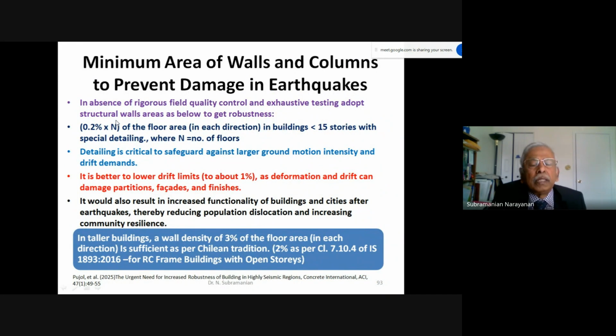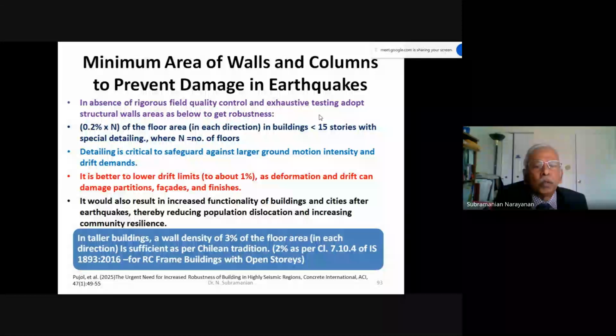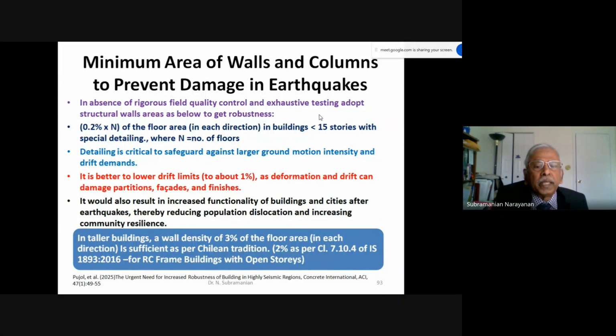So what are the conclusions found by Pujol in the recent paper in the Concrete International ACI? In the absence of rigorous field quality control and exhaustive testing, adopt structural wall areas as 0.2 into n of the area in each direction of the building, in buildings having less than 15 stories, where n is equal to number of floors.